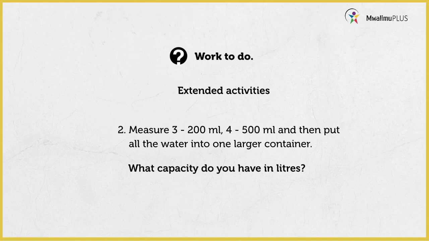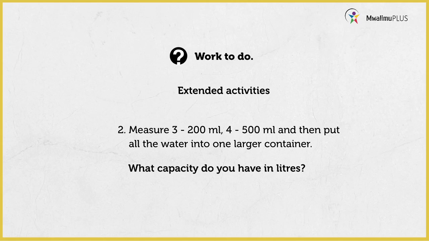Now, moving on, activity 2 should be you measure 3 200 ml. That is, you need to have a container that actually is 200 ml. Then you have 3 of those. Then after that, you also have 4 500 ml. That is a container that measures 500 milliliters.